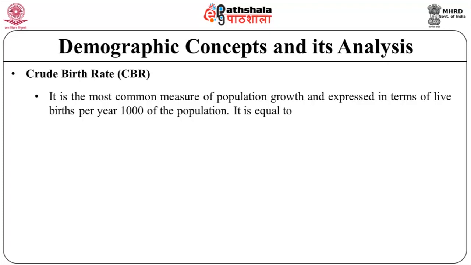That is, it is equal to the number of births per year multiplied by 1,000, and divided by the total population.